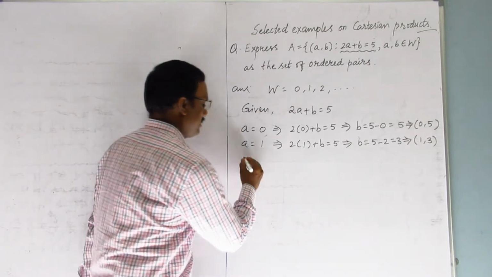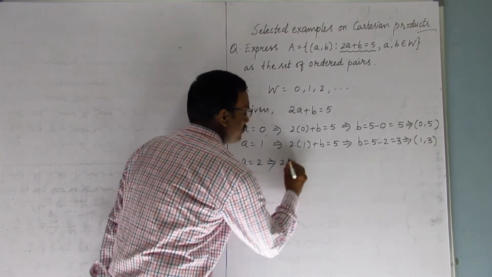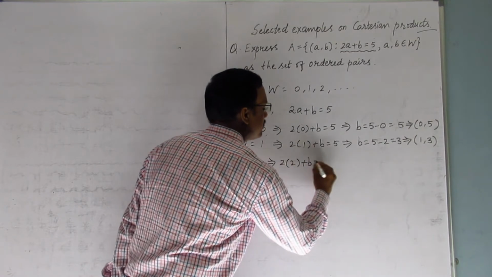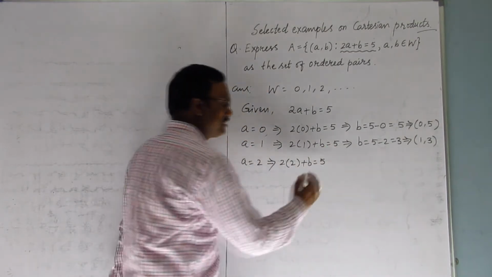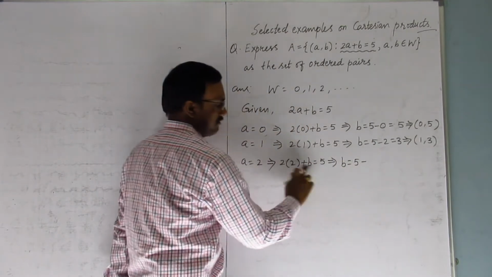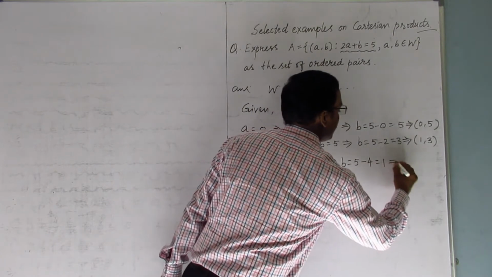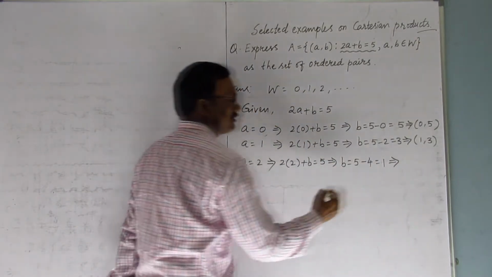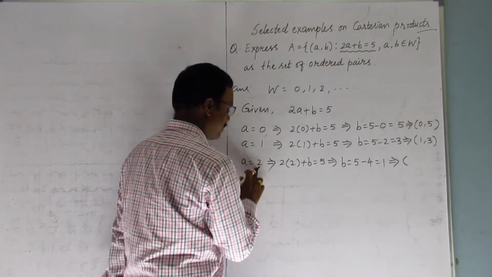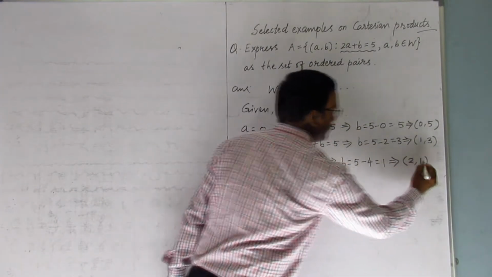Now third, a is equal to 2, suppose. So this will give 2 into 2 plus b is equal to 5. This will give b is equal to 5 minus 2 into 2, that is 1. That means in the next ordered pair, the first element is 2 and the second element is 1.